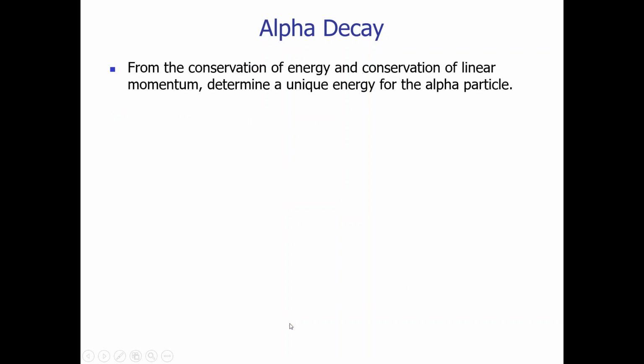From the conservation of energy and conservation of linear momentum, we can determine a unique energy for the alpha particle. You know that the Q value is equal to the kinetic energy of the alpha particle plus the kinetic energy of the daughter nucleus.